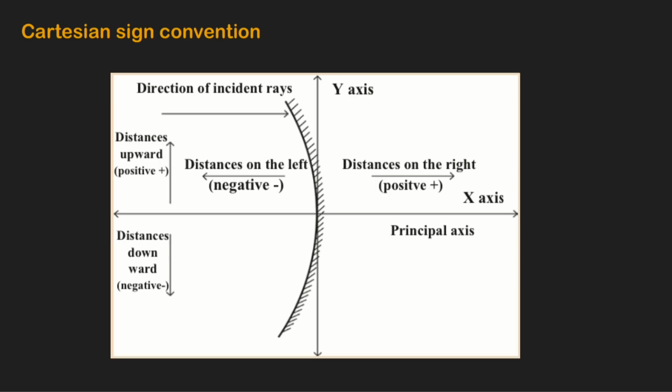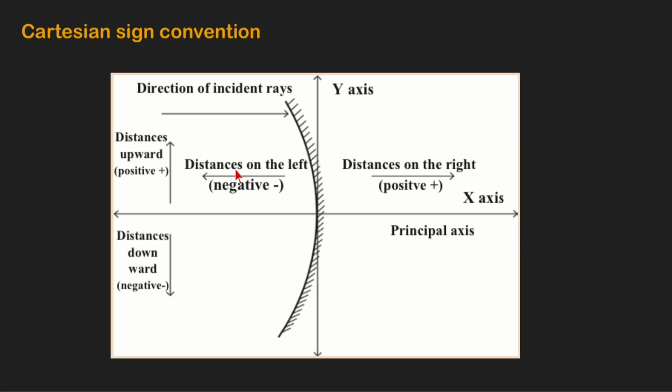Now the next important point is the Cartesian sign convention. This Cartesian sign convention is used to solve problems and also in some equations. Now this one is a concave mirror. This is the pole of that mirror.